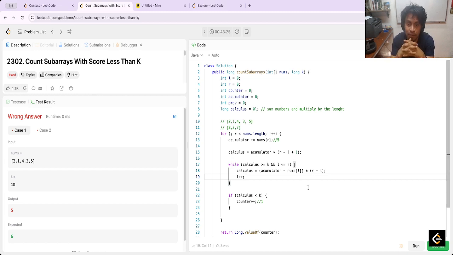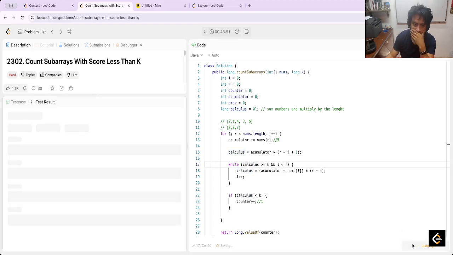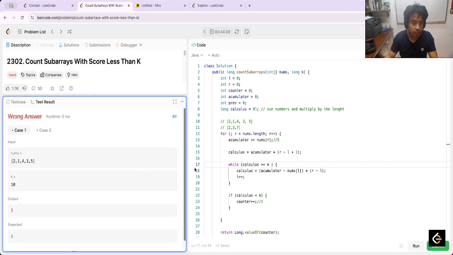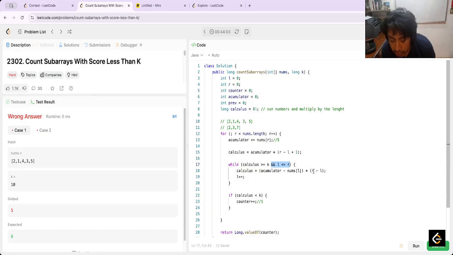I feel I am close to the solution. Calculus accumulator is minor equal accumulator less nums in the position L multiplied by R. No, this is wrong. What is the error? What is the error?